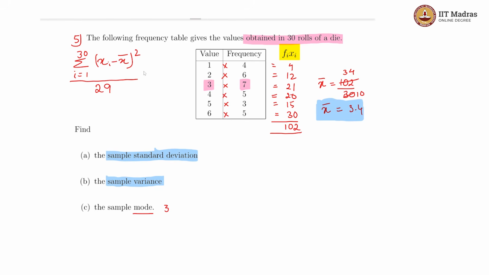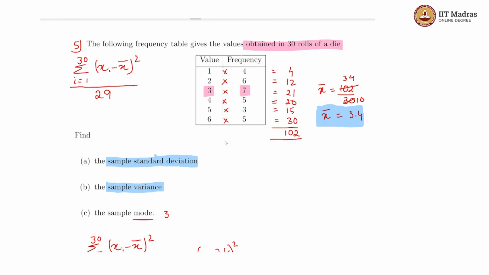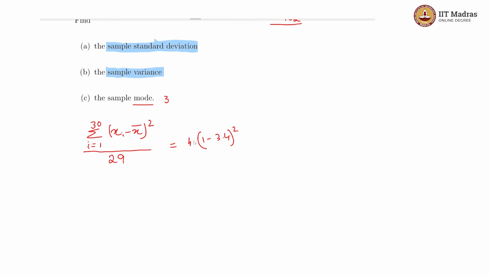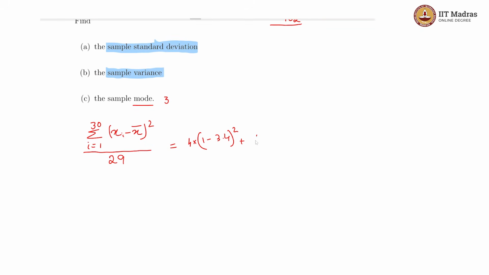So in order to calculate this quantity, we are essentially going to do 1 minus 3.4 the whole square. How many times is this going to come? 4 times. So 4 into this plus, we have 2 coming up 6 times.